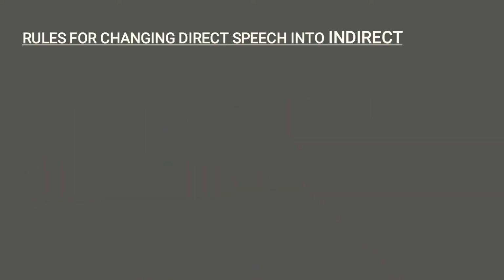Rules for changing direct speech into indirect speech. If a sentence is given in direct speech, how will you convert it into indirect speech? I have made some rules, about 7 to 8 rules, where you will get all the tips and tricks on how to convert a sentence from direct to indirect.